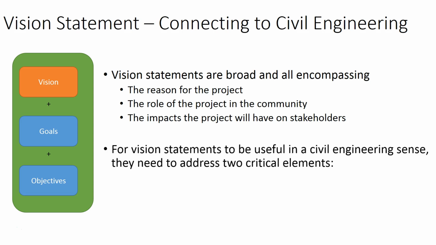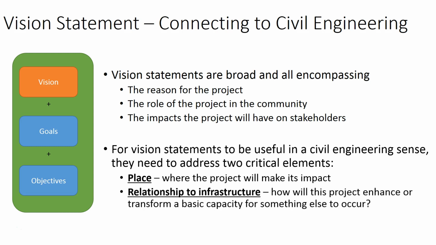But what we also really need to focus on, if we're interested in using the vision statement to orient the civil engineering process, is trying to connect it to two critical elements. The first of those is place, and so where and very specifically will the project make its impact, and then the second one has to do with the relationship to infrastructure.